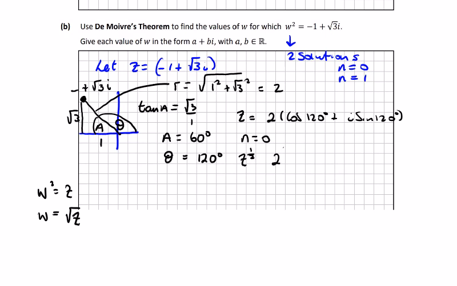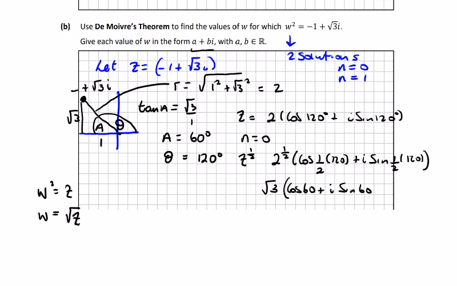We're going to get 2 to the power of a half by the cos of a half of 120, plus i sine of a half of 120. You could just put in 60. So we're going to get root 2 by the cos of 60 plus i sine 60.